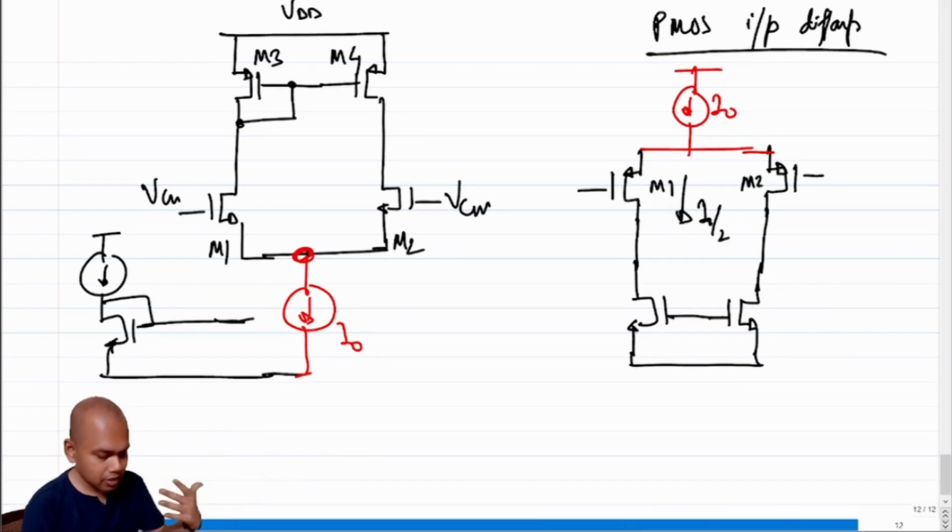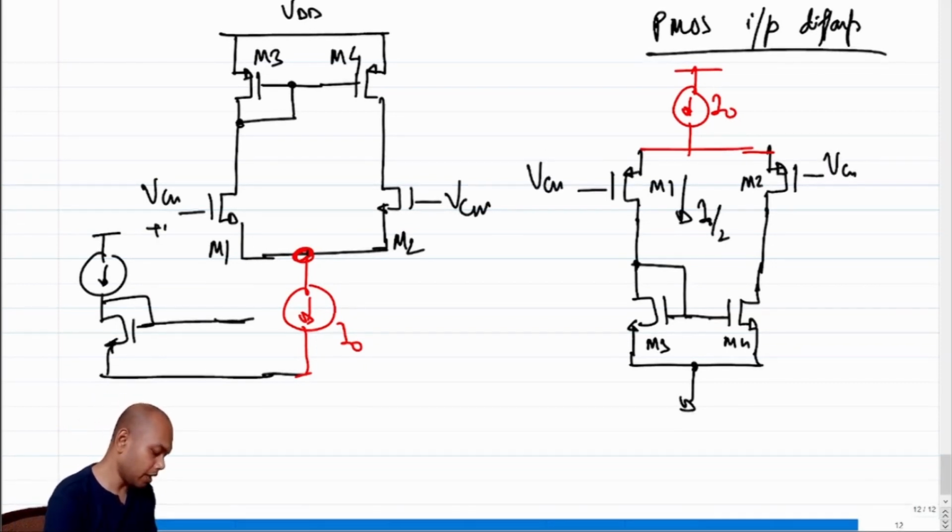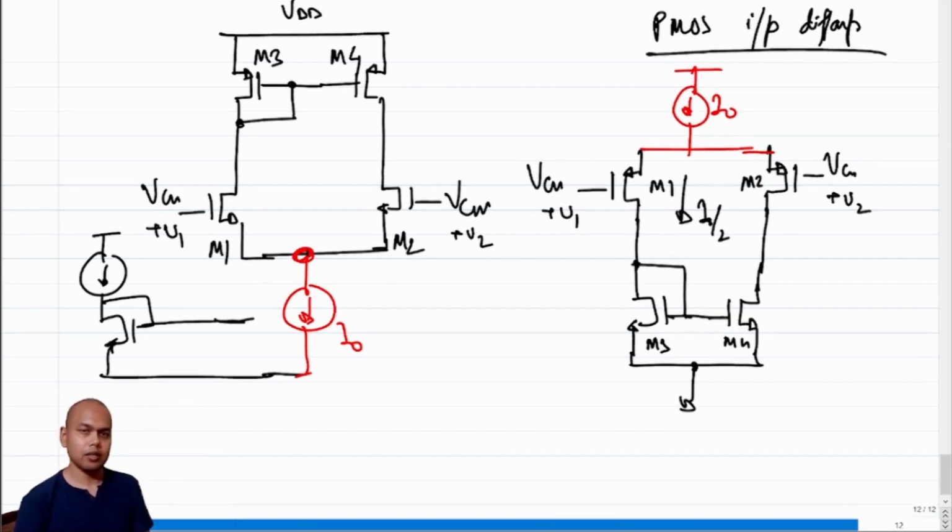In our case, the M3 and M4 sources will be connected to the lowest potential, that is ground. What should we do with the drain and the gate of M3? In the circuit on the left, the drain and the gate of M3 are shorted. Here also we do the same thing, and we apply VCM here, VCM here, and if we have to apply an input, we can apply an input just like this, right?